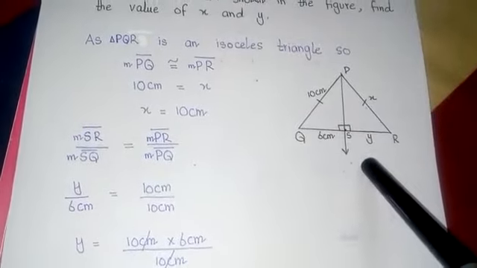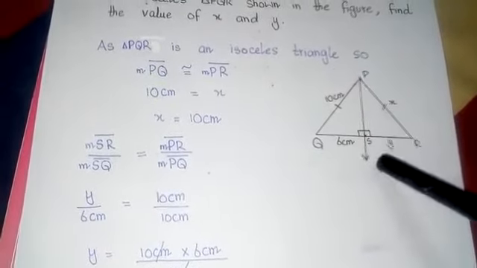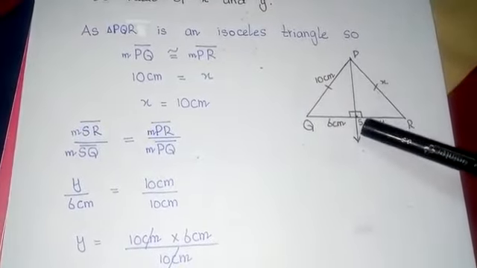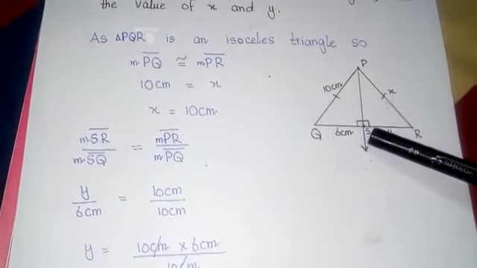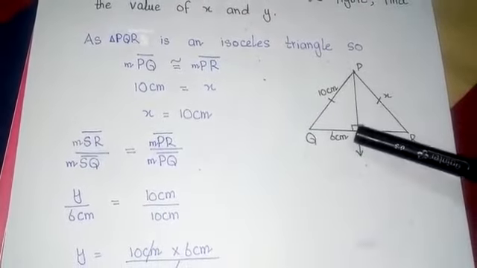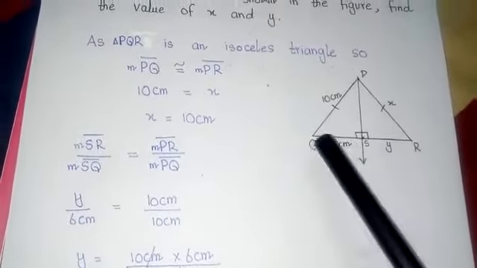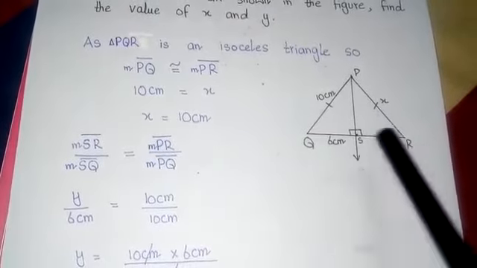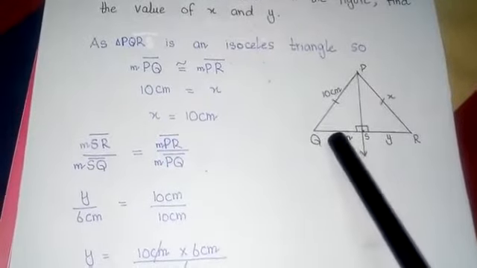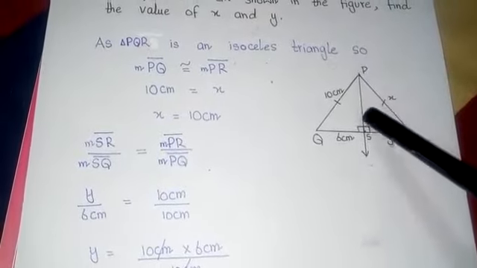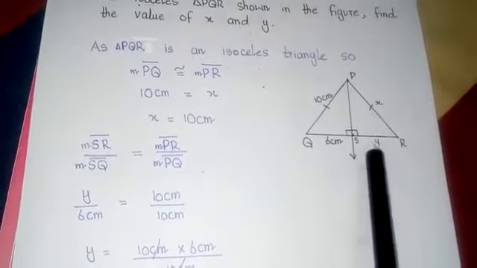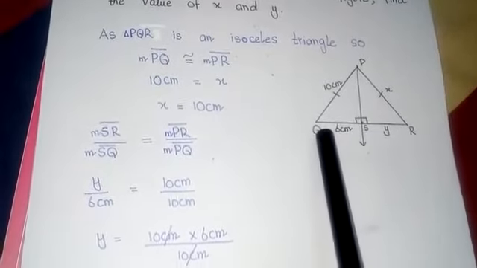Here you can see this bisector. I have named it S. It is not in the question. I have given it the name S. This bisector PS has divided the side QR into two portions. So again remember the third key point: when an angle bisector divides the side opposite to it, then the ratio of these two portions is equal to the ratio of the sides.